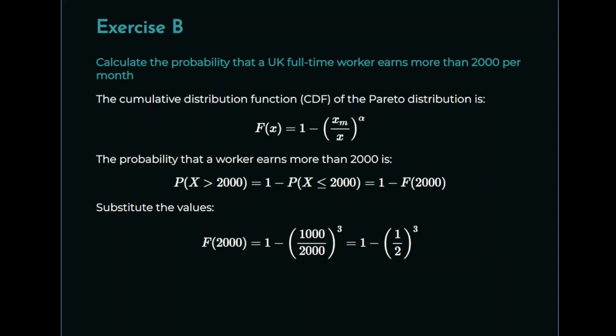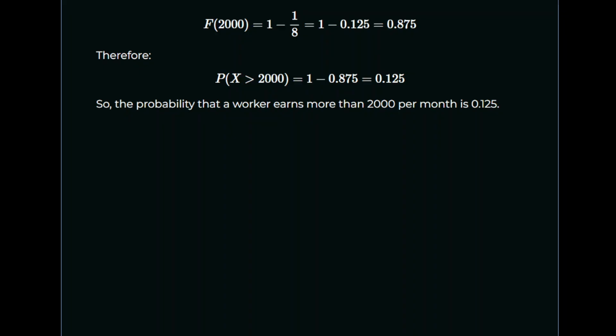Let's calculate F of 2000, the cumulative distribution function of 2000. That is 1 minus xm, which is 1000, divided by x, 2000, so that's a half, to the power of alpha, so that's 1/2 to the power of 3, which is 1/8. So F of 2000 is 1 minus 1/8, 1 minus 0.125, which is 87.5%, 0.875.